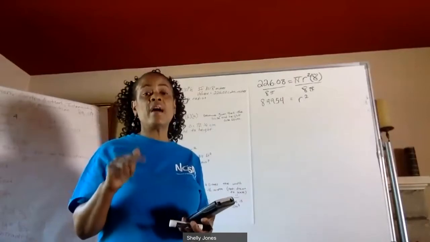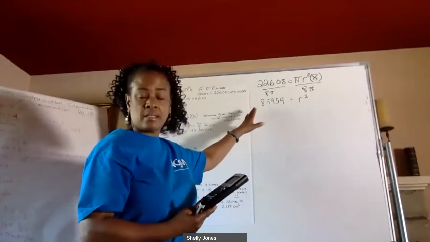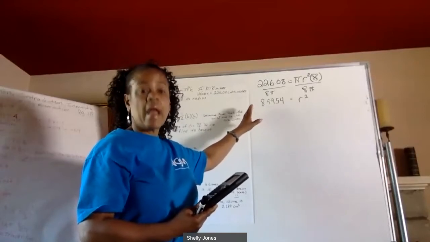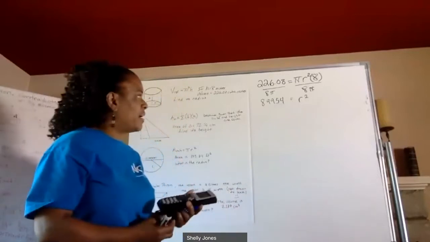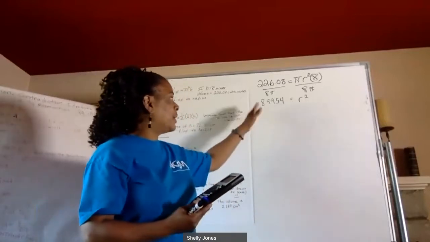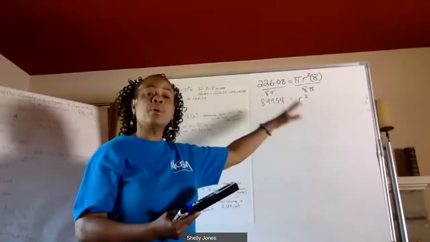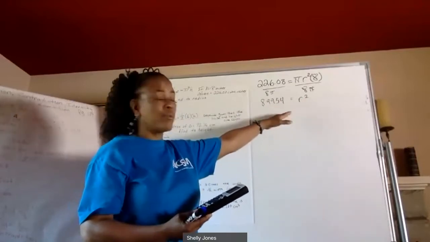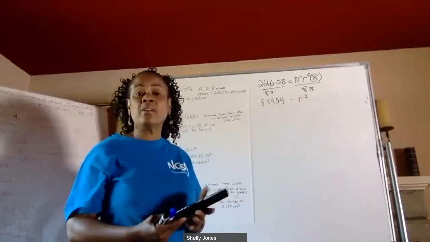If I do that, then I will have a nice accurate answer. Okay, so in this case, we learned that if I have r squared equals 8.99954, if I square root both sides, then the square root of r squared is r. And the square root of this is my answer for r.